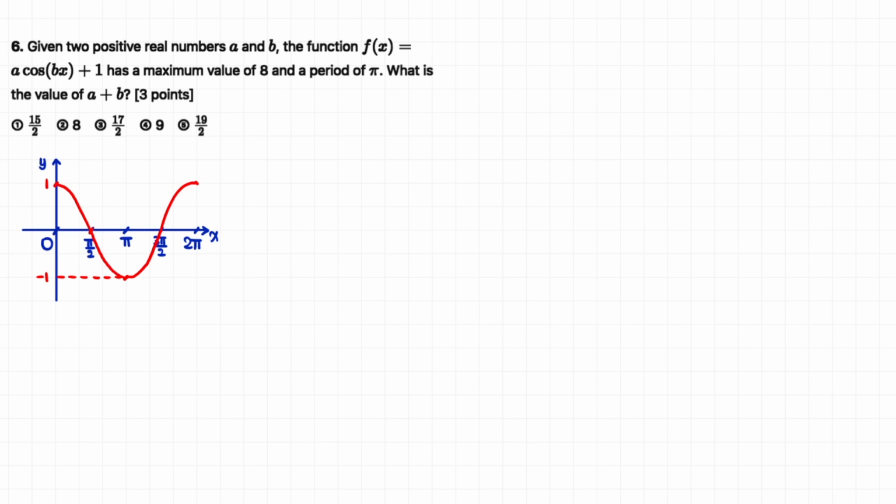And alright, now using the basic shape, let's go step by step and turn it into the function they gave us in the problem. So first, we're going to multiply by a. Now, as you probably know, the range of the cosine is from -1 to 1, right? So we can write it like this.